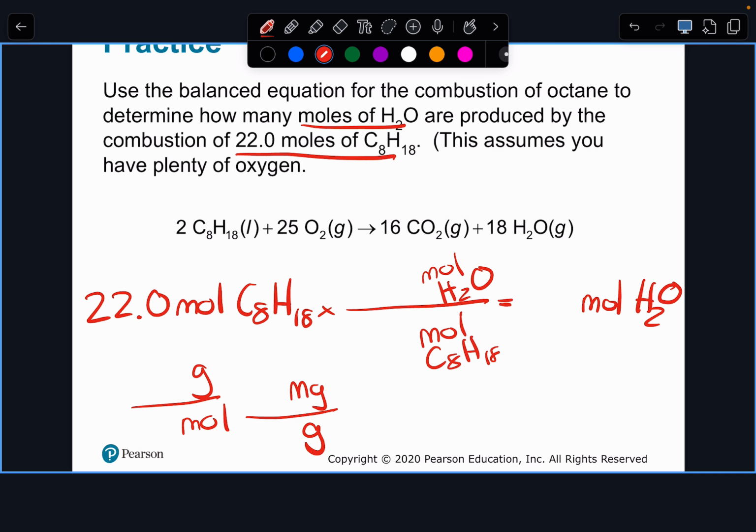So you just put the coefficient 2 there and then water 18. That's it. Okay? So you need to set up the part of the equation, then you need to worry about what numbers go in there, and the numbers come from the balanced chemical equation. So 198 moles of water.